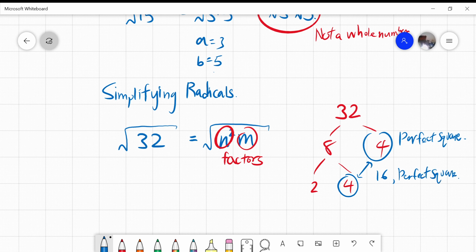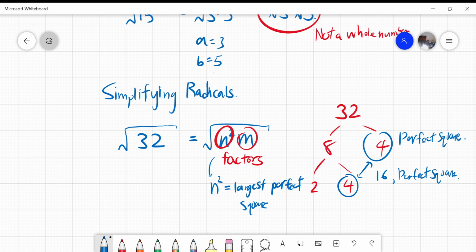And we always want to find the largest perfect square. So in fact, n squared in here is the largest perfect square, and it's always good to factor the radicand into prime factors, so you can find the largest perfect square.